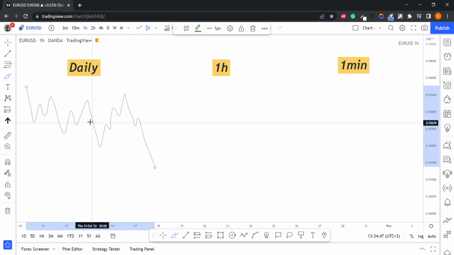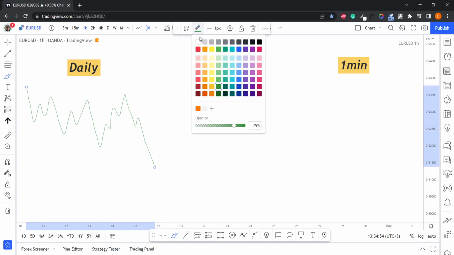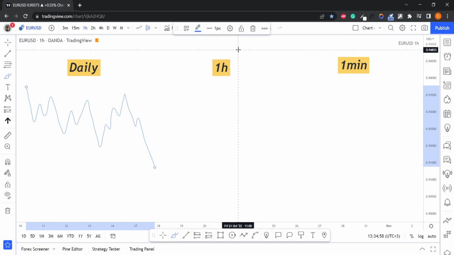So these are daily swings, daily moves. Now, what do you think will happen inside of these moves on lower time frames? So if this daily impulse is going down, let's try to understand what's happening on 1 hour, for example.